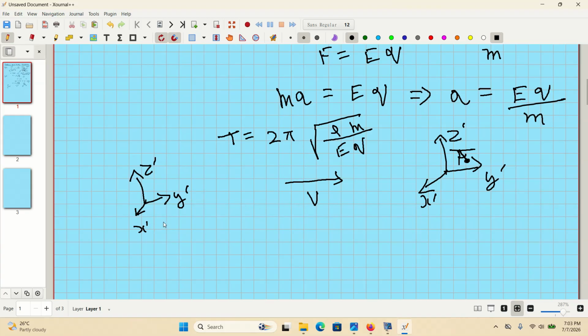Wait a second, I think I made a mistake. Yeah, this is the frame of Earth.